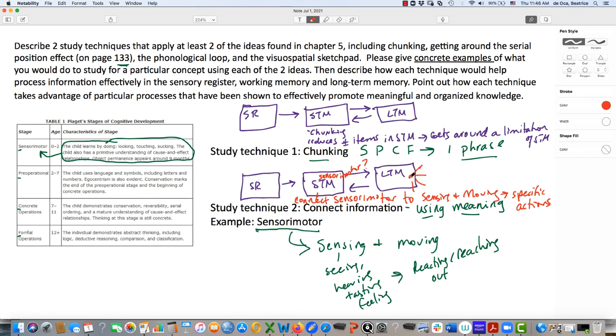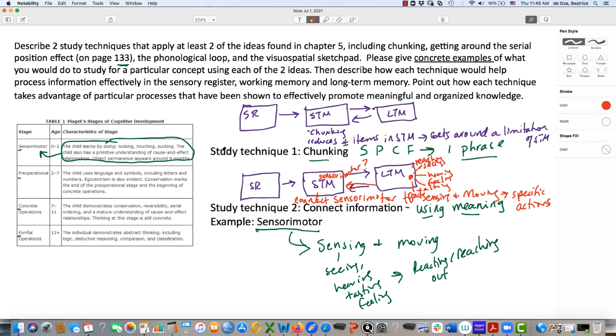So the word sensory motor then is going to be connected to seeing, hearing, feeling, tasting, as well as reaching and reacting. And so retrieval, it will bring up not just the word sensory motor, but all these other concepts that are connected to it.